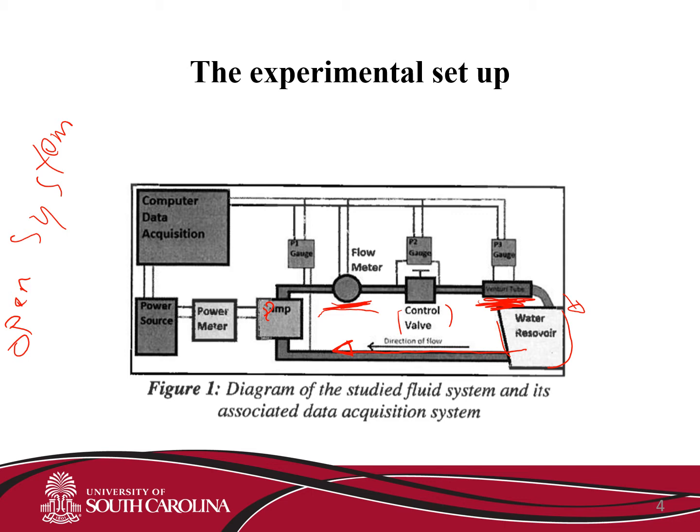The paddle wheel flow meter and the Venturi meter are used to measure the flow rate, and the actual flow rate is measured by calibrating with a bucket and stopwatch to find the actual flow rate.